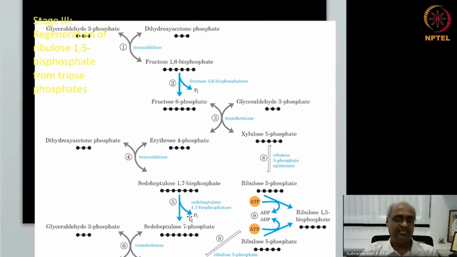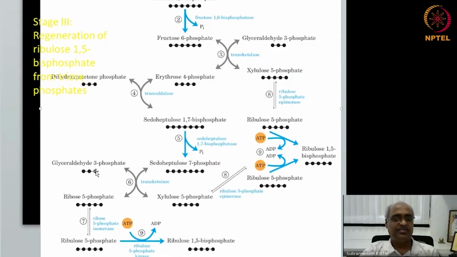And this enzyme, pseudoheptulose 1,7-bisphosphatase, is unique to chloroplasts, and this is again an exergonic irreversible reaction making pseudoheptulose 7-phosphate. And this molecule, via another ketolase reaction, a transketolase reaction, has one more glyceraldehyde phosphate entering.